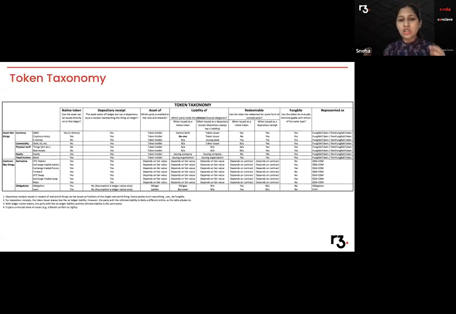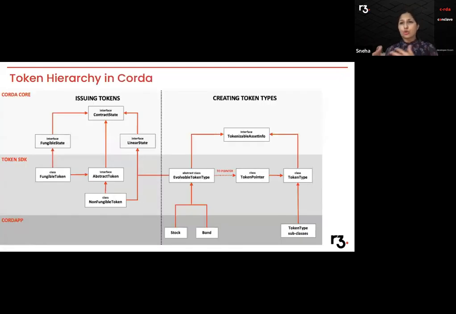When a CBDC is issued by a central bank, the central bank holds the ultimate financial obligation, and that's how you know that the liability for this particular token is going to be the central bank. All of this depends upon your use case. So once you decide to tokenize your asset, look at this particular token taxonomy. It will help you tokenize your assets in a better way.